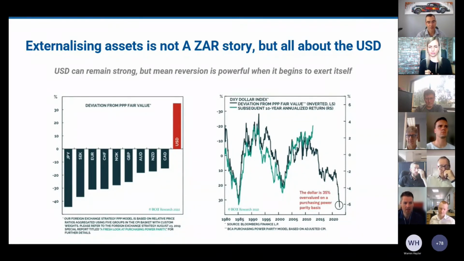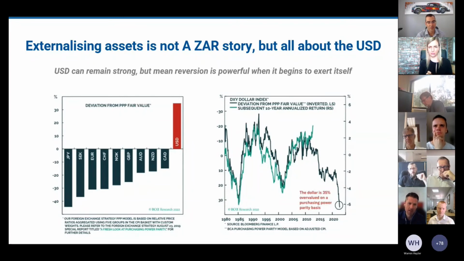So as Ian mentioned, your US 10-year was only generating a 0.5% yield not even 2 years ago, and it's now giving you a 4% yield. So that's caused a lot of money to flow into the US market.